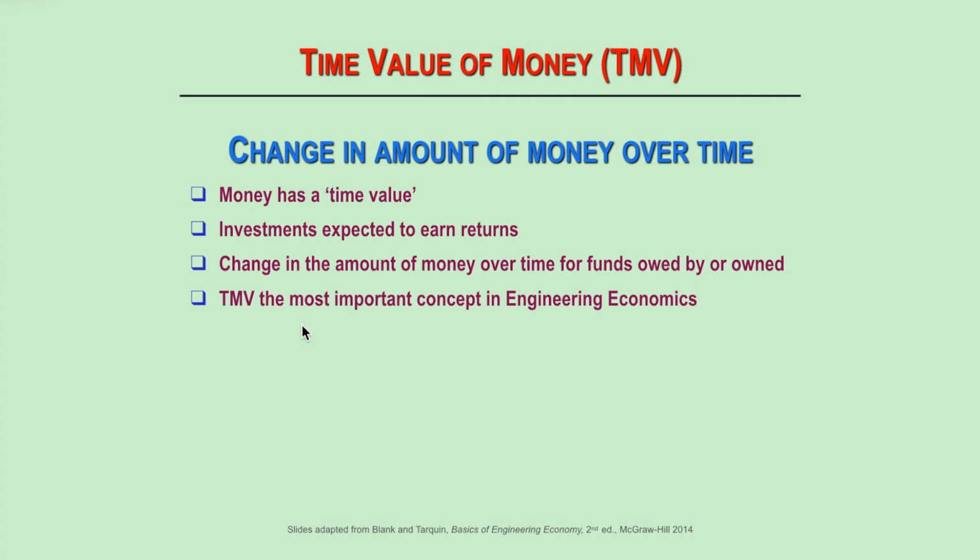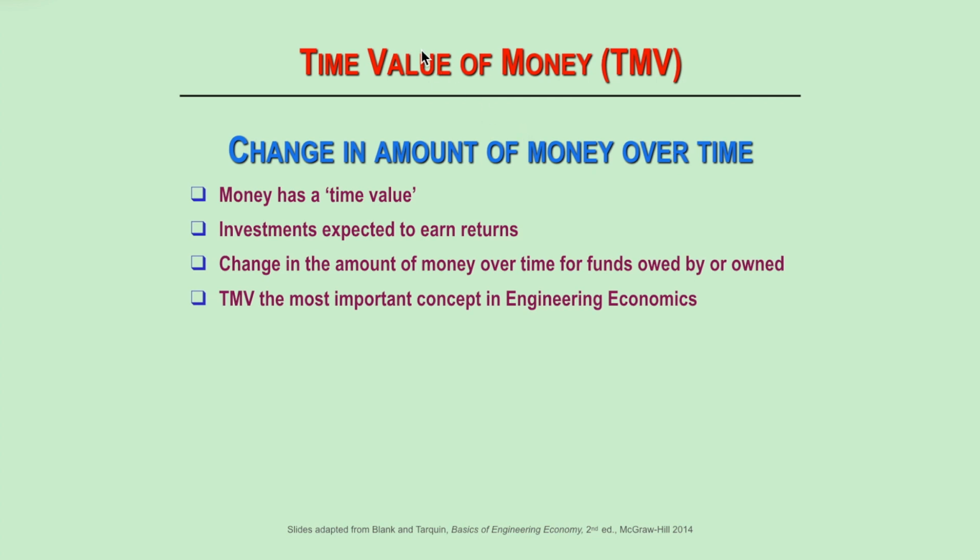So money has a time value. For example, the value of 100 ringgit today is not the same as the value of 100 ringgit next year, because the price of things are getting more expensive, and this is due to inflation, and inflation decreases the value of your money over time.